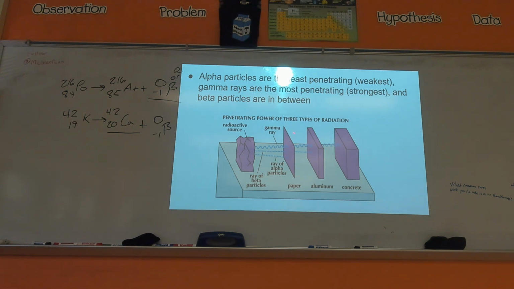Going back to the alpha particle, what is unique about the alpha particle compared to the beta particle and the gamma particle? The alpha particle has mass. It had a mass of 4, right?